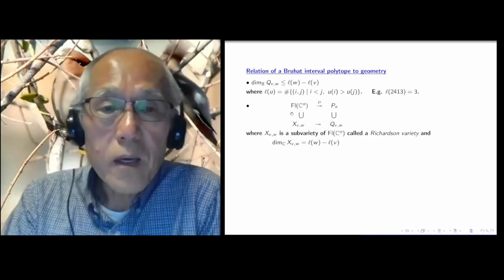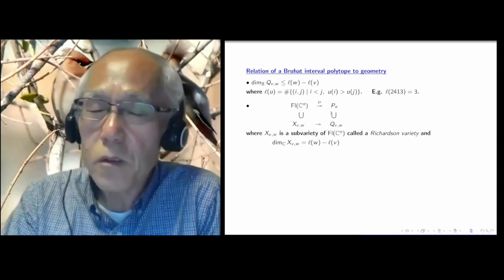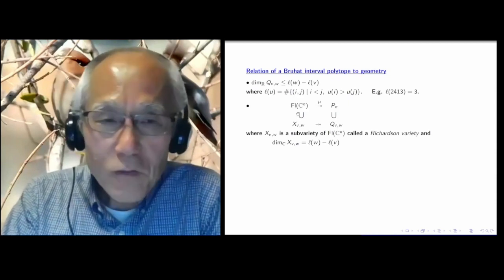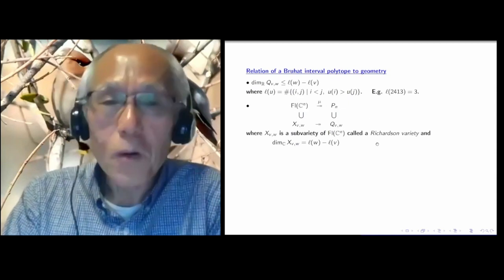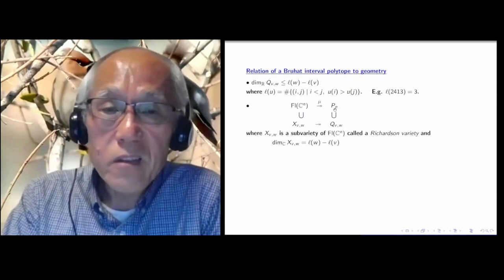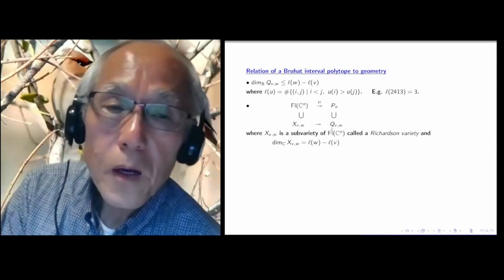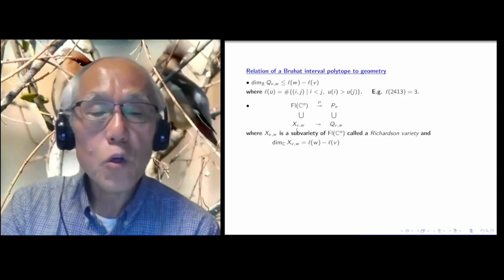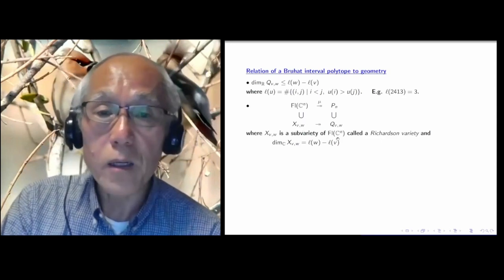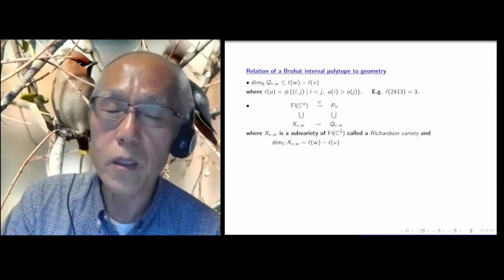As I said, there is a moment map from the flag variety to the permutohedron variety, and the Bruhat interval polytope sits in the permutohedron. There is a geometrical object, a subvariety of the flag variety called the Richardson variety, corresponding to this Bruhat interval polytope.